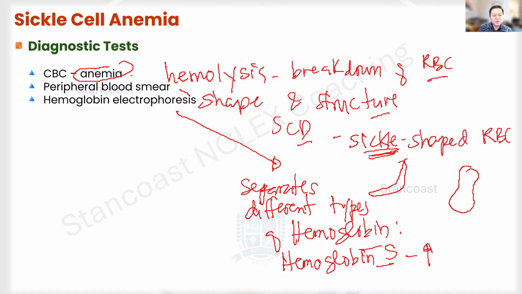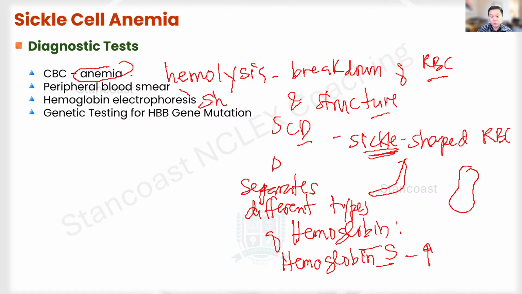Now, let's talk about the genetic testing for the hemoglobin B gene mutation. So what is this testing? This is going to detect the specific mutation of the hemoglobin B gene, which actually will encode the beta globin chain of the hemoglobin.